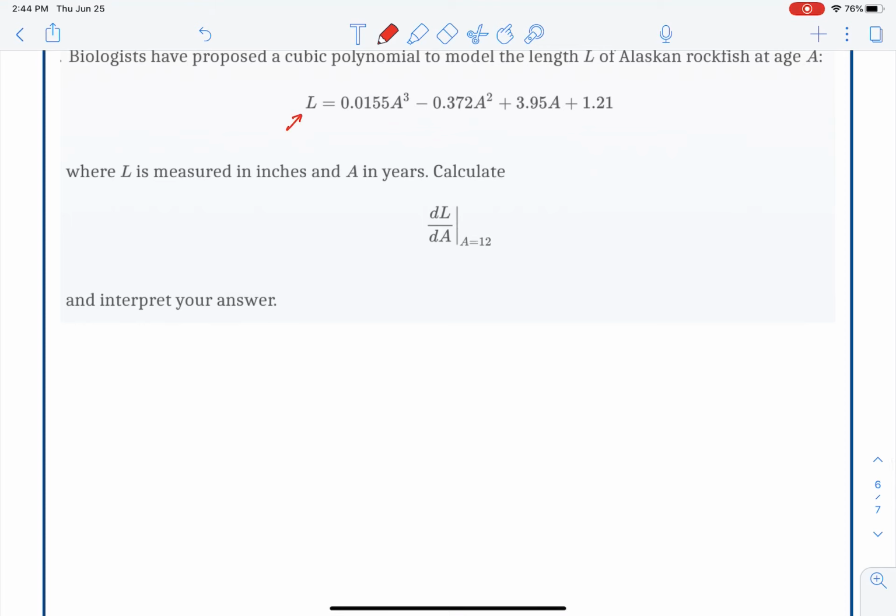L is the dependent variable, which is the length. A is the independent variable, which is the age.